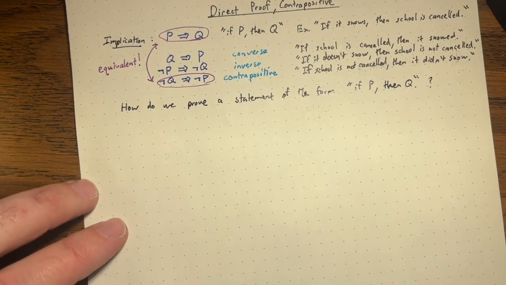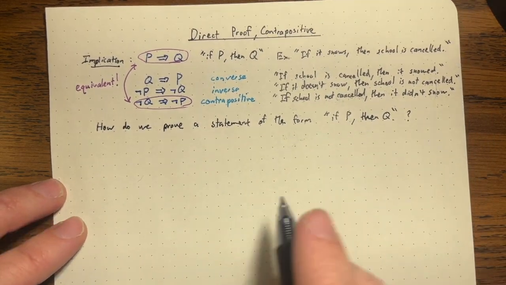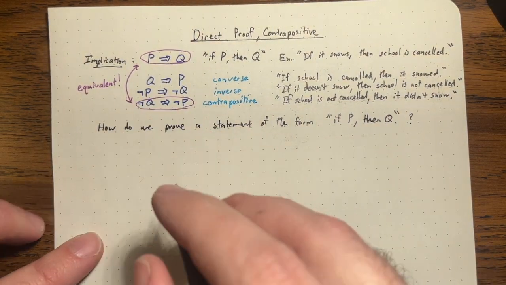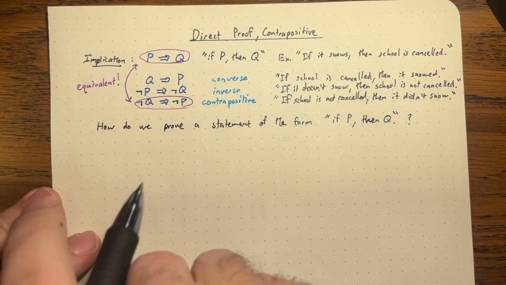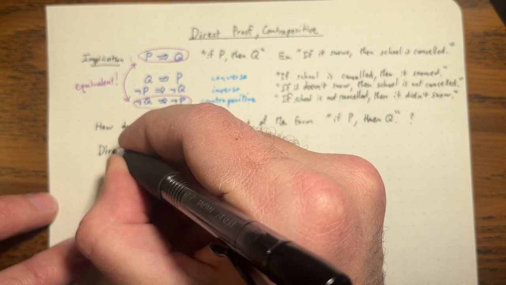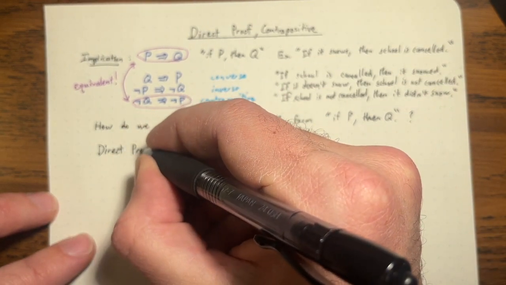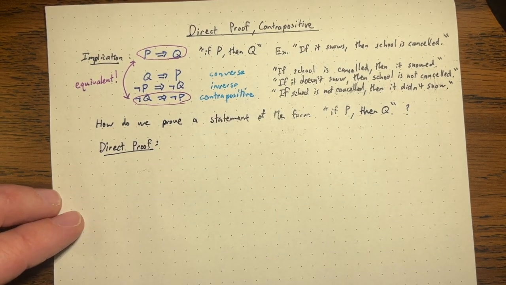Really, there's not that much to it. I mean, the proof can be very complicated depending on the exact statement. But the first thing you should always try is the direct proof. There's not much to it logically, at least.